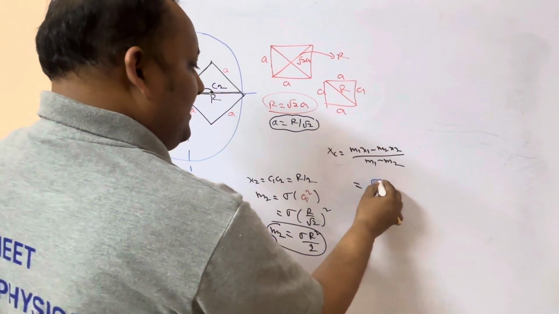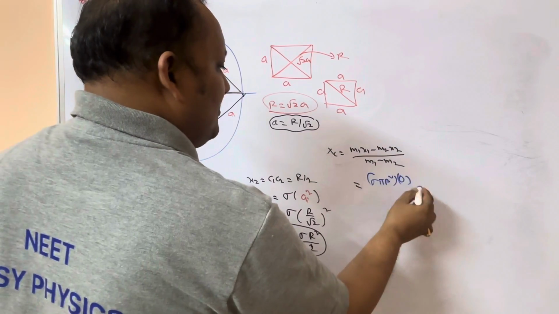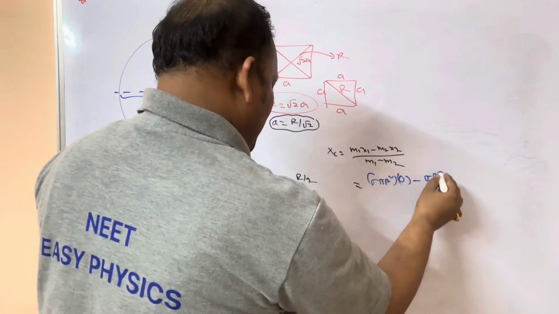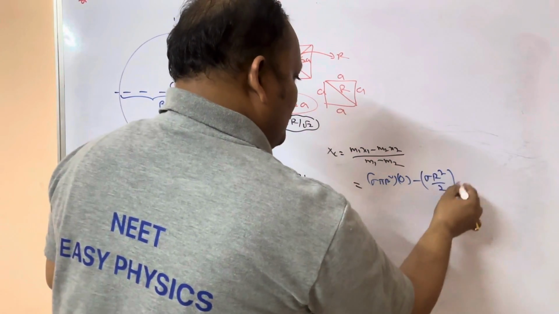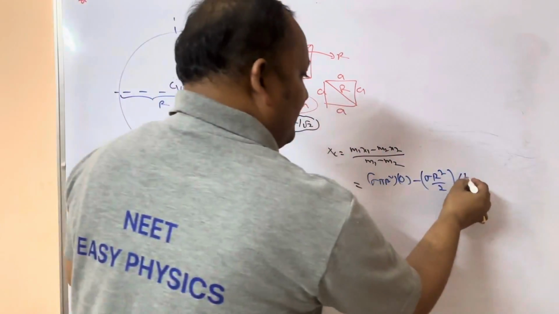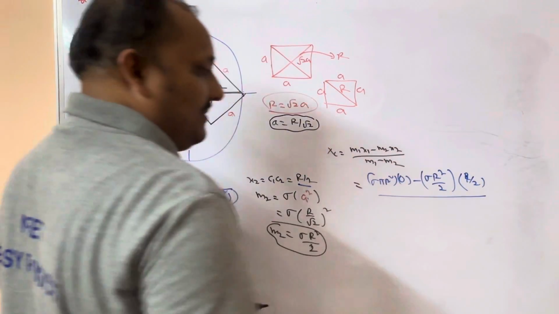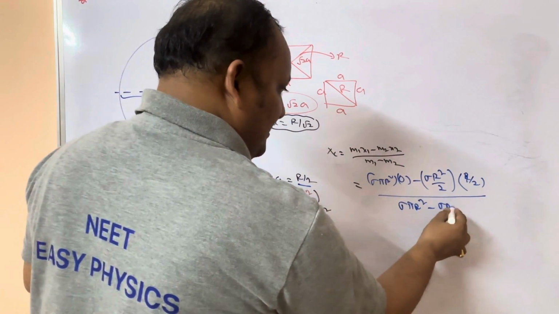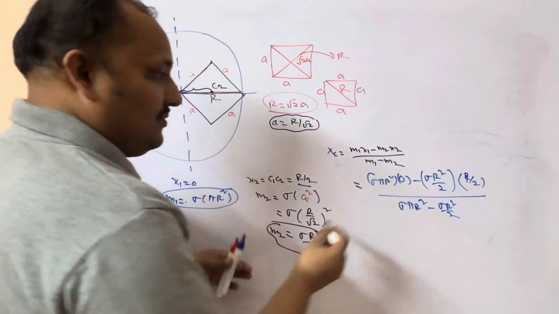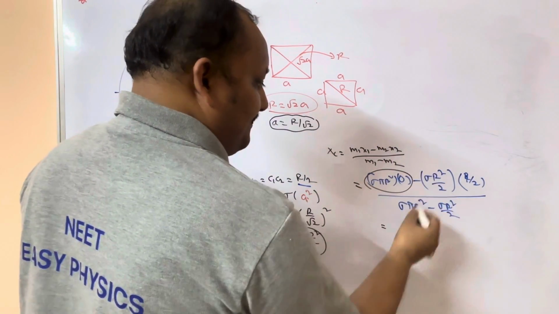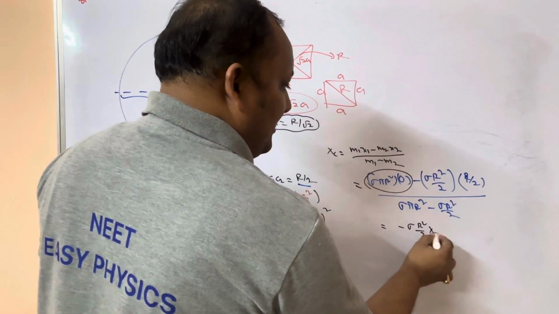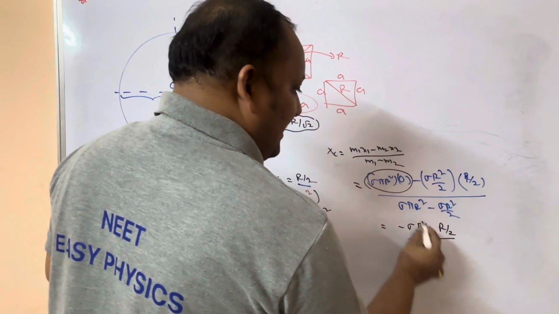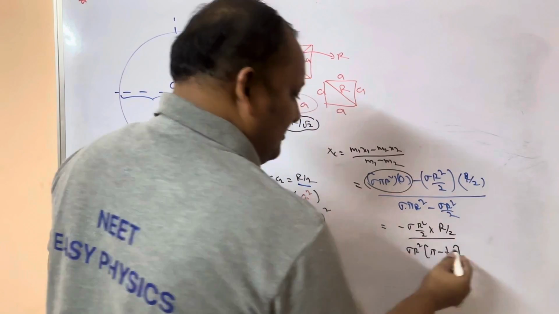Therefore, m1 is sigma pi r square into 0, minus m2, which is sigma r square by 2, into x2, which is r by 2, divided by m1 minus m2, that is sigma pi r square minus sigma r square by 2. This term is going to become 0. So minus sigma r square by 2 into r by 2, divided by sigma r square, you can take common, pi minus 1 by 2.